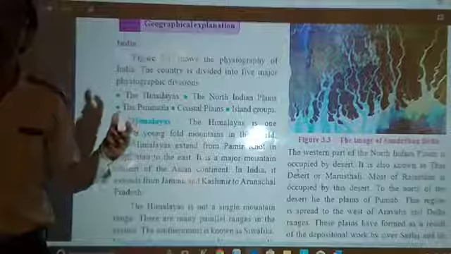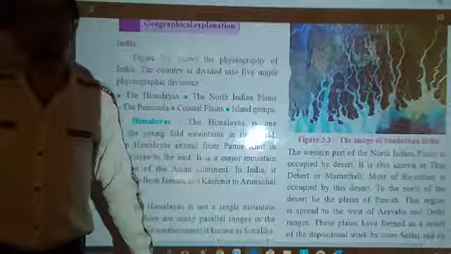They end in Arunachal Pradesh, near the northeast. They cover the majority of North India, and that's why Himalaya has a lot of significance, especially in determining the climatic condition of India and various other things.